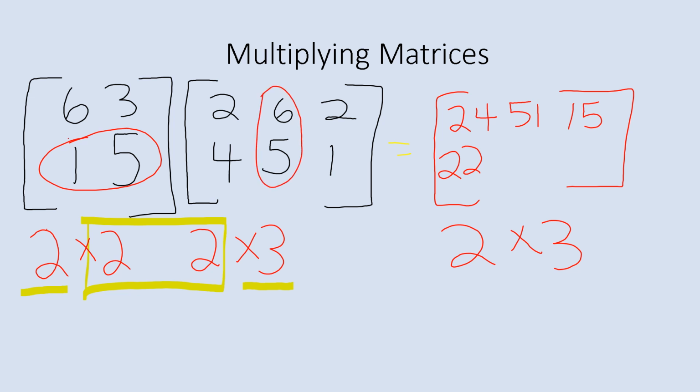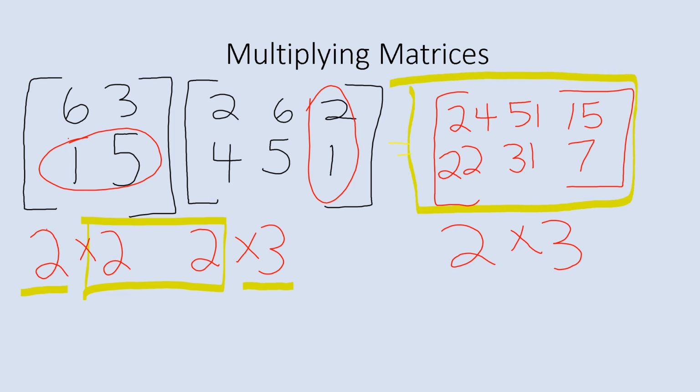So 1 times 6 is 6, plus 5 times 5, which is 25. 25 plus 6 is 31. And then we are going to multiply the second row over here by the third column over here. 2 times 1 is 2, plus 5 times 1 is 5, so 2 plus 5 is 7. And that is going to be our final answer matrix.